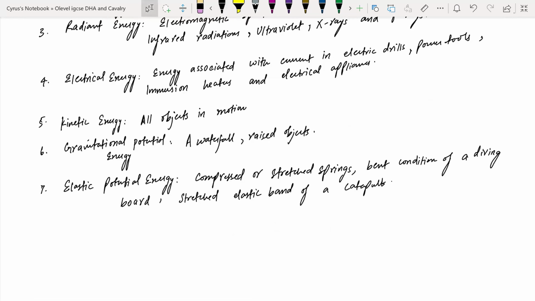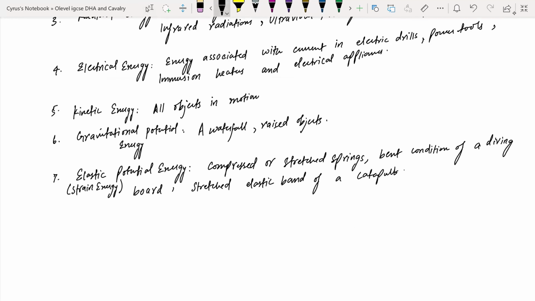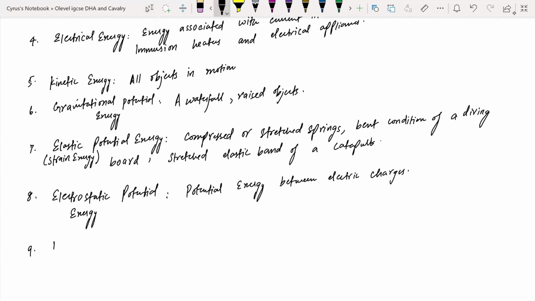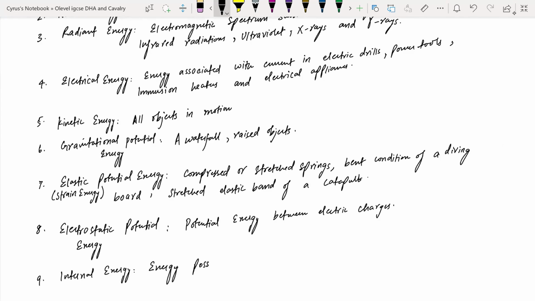All of these consist of elastic potential energy, right? It's also the strain energy. Then we have electrostatic potential energy, the potential energy between electric charges. Finally, we have internal energy, the energy possessed by the atoms and molecules in the form of microscopic kinetic and potential energies.